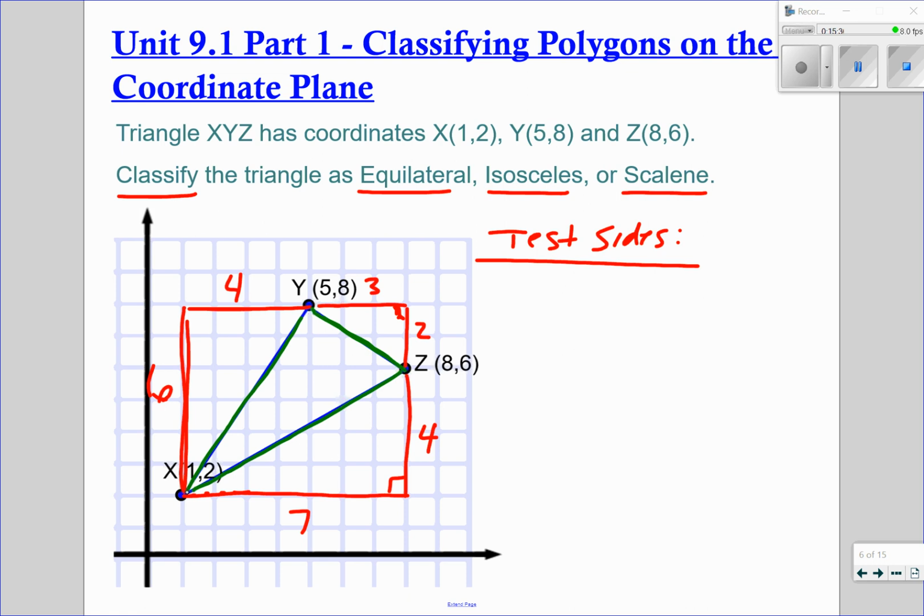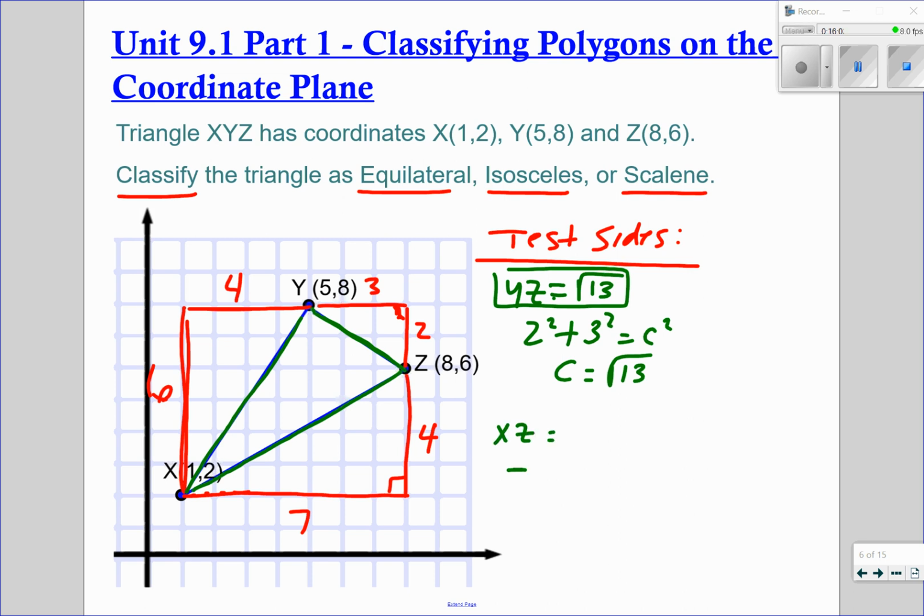Okay, so for side YZ, using my Pythagorean theorem, 2 squared plus 3 squared equals C squared. 2 squared is 4, 3 squared is 9, add them up, and C is going to be equal to the square root of 13. So that would be the value for YZ. Now if we keep looking, let's say we went over here to XZ.